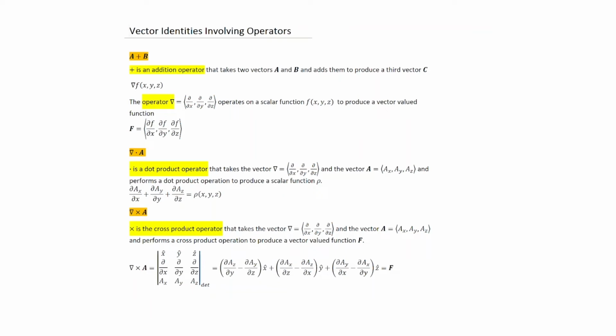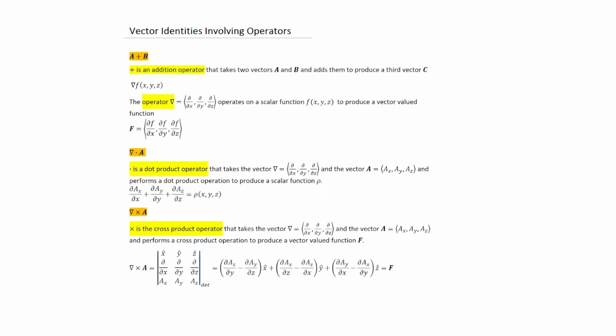We now have two new types of operations on vectors, the divergence and the curl. So the divergence of a vector field A, del dot A, the dot is a dot product operator that takes the vector (∂/∂x, ∂/∂y, ∂/∂z) and the vector A, which has an x and a y and z component, and performs a dot product operation to produce a scalar function rho.